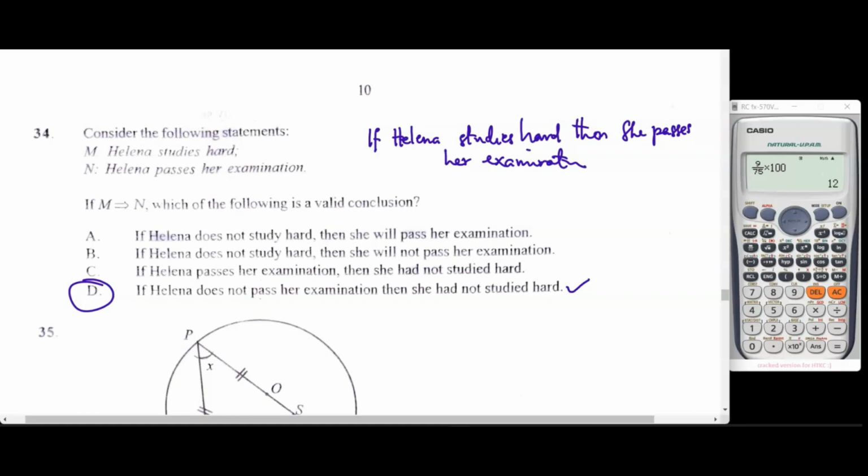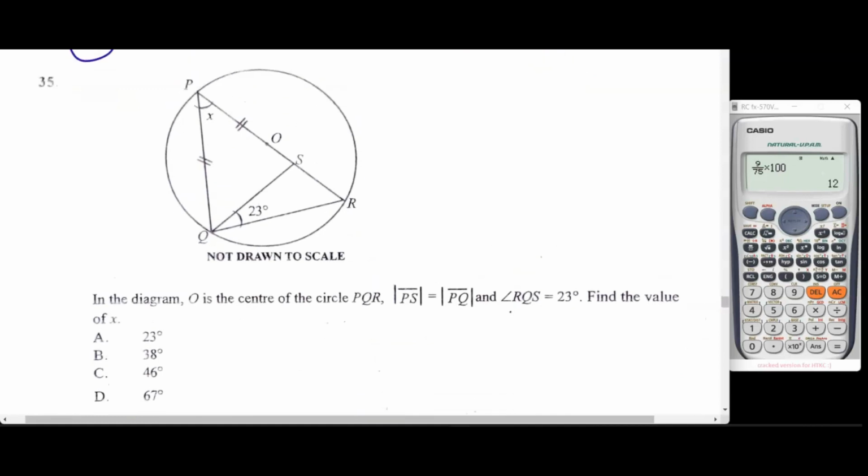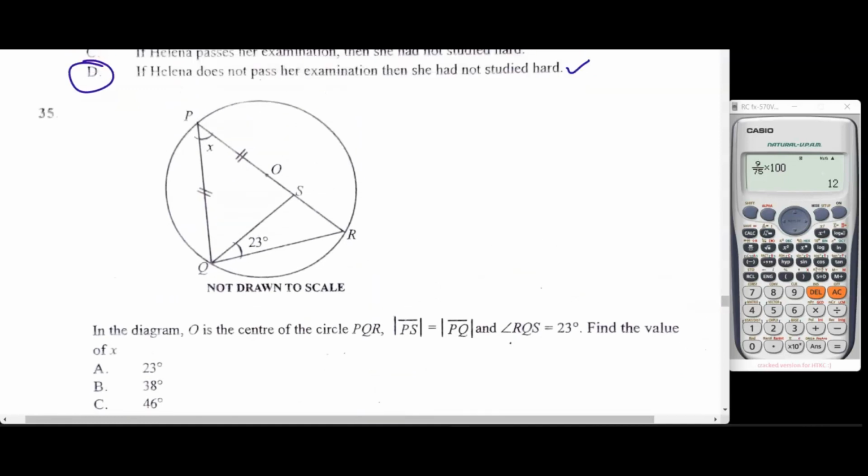Okay, so let's go to question number 35. For question number 35, it's also equally a circle theorem question, but it's not drawn to scale. So in the diagram, O is the center of the circle. We have it here. And the circle is PQR. So you can see PQR there.